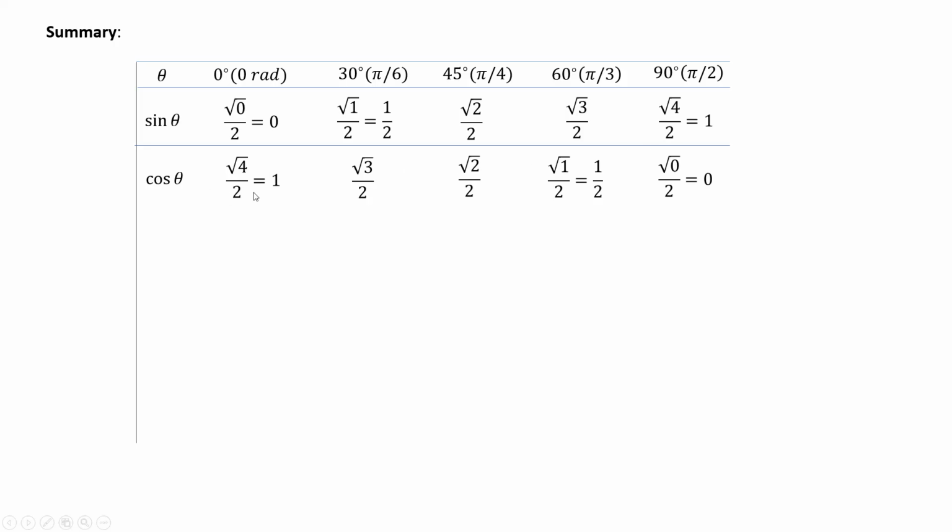So cosine of 0 must be 1. You want cosine of 30? Figure out 90 minus 30. That is 60. What is sine of 60? Square root of 3 over 2. So cosine of 30 is square root of 3 over 2. So basically cosine of 90 minus theta is the same as sine theta. That's why cosine and sine are called cofunctions.